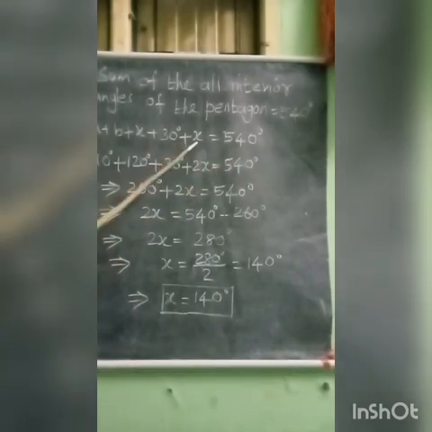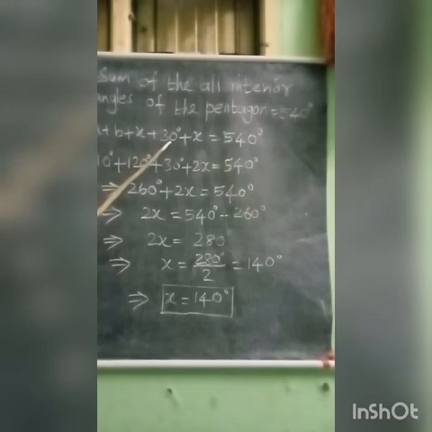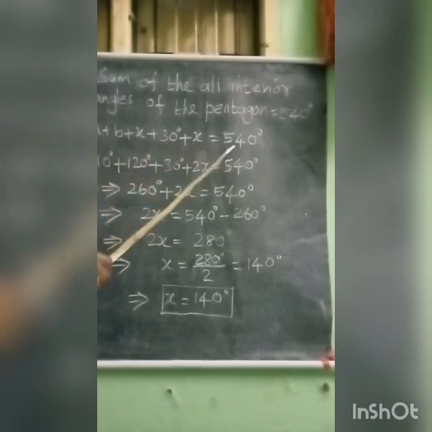These five angles are A, B and X, X, the unknown angles. The measure 30 degree is the only one given. The pentagon has 5 angles, therefore the sum of these 5 angles is 540 degree.